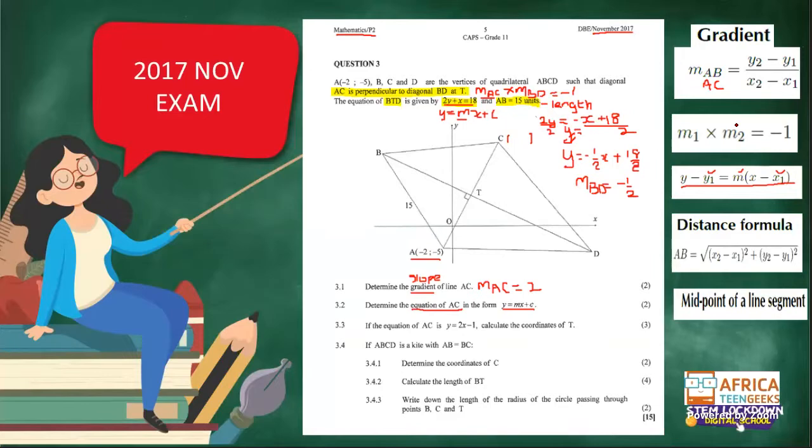So it means you will have y. Can you just try it? You'll have y minus, I always use brackets so that I don't miss. So this is my x value, and this is my corresponding y value. Okay, so our y value is -5, and we have a gradient of 2.